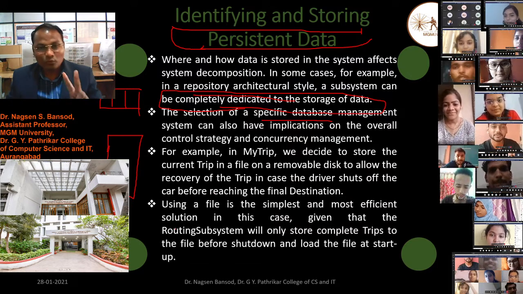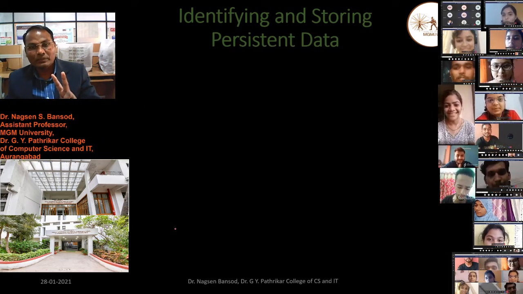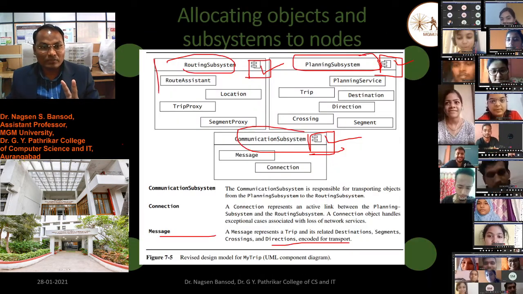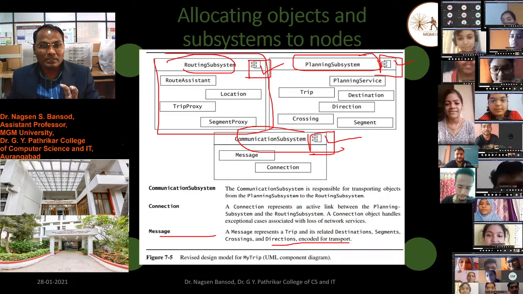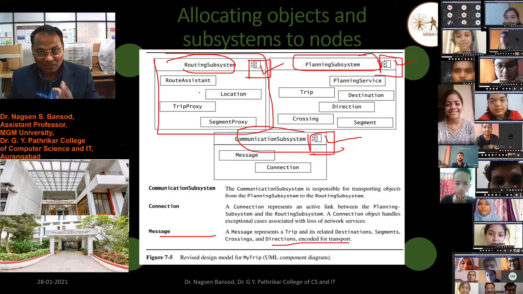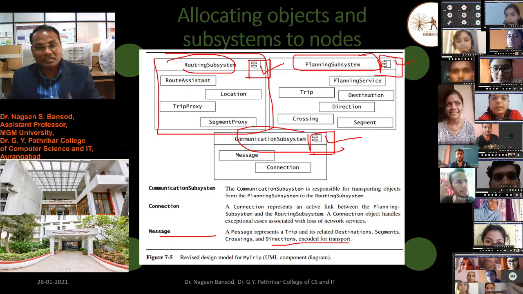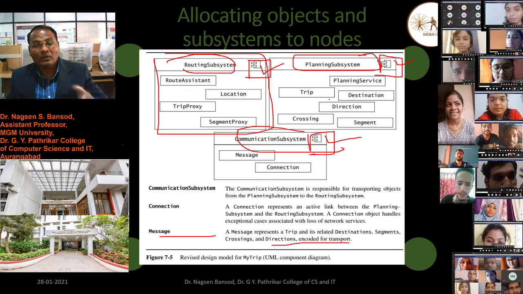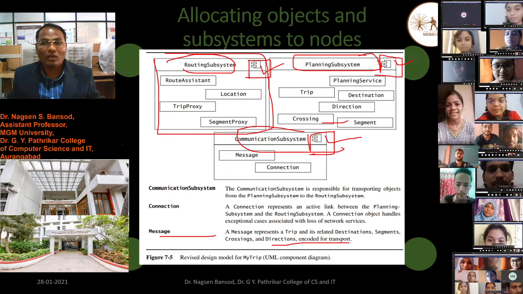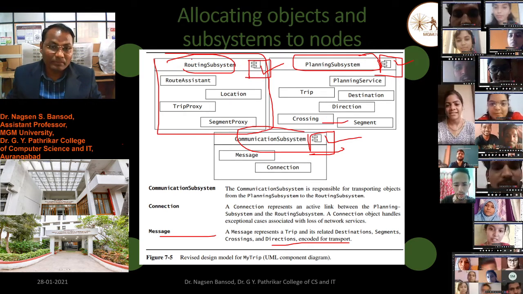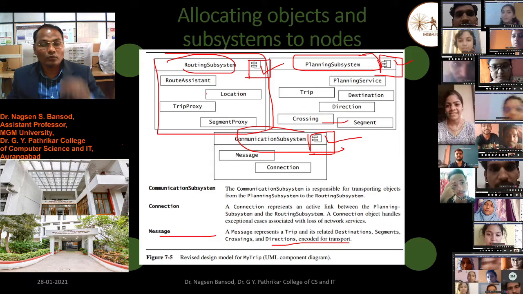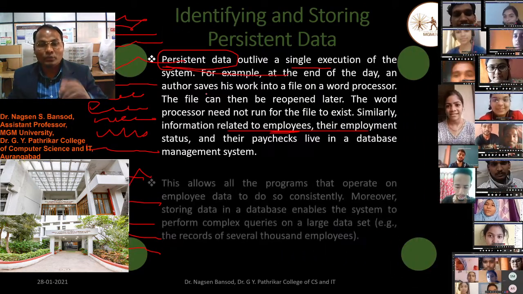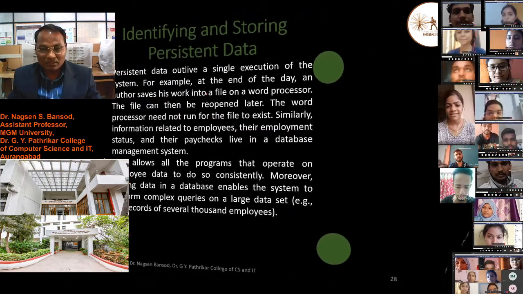We know there are two subsystems from the previous lecture. In the routing subsystem, all the information related to the route assistant is there, and in the planning subsystem, which direction we will go, which road will be crossed, all of that is in the planning system. But in this system, we have to store the data if the trip fails to reach the exact destination.